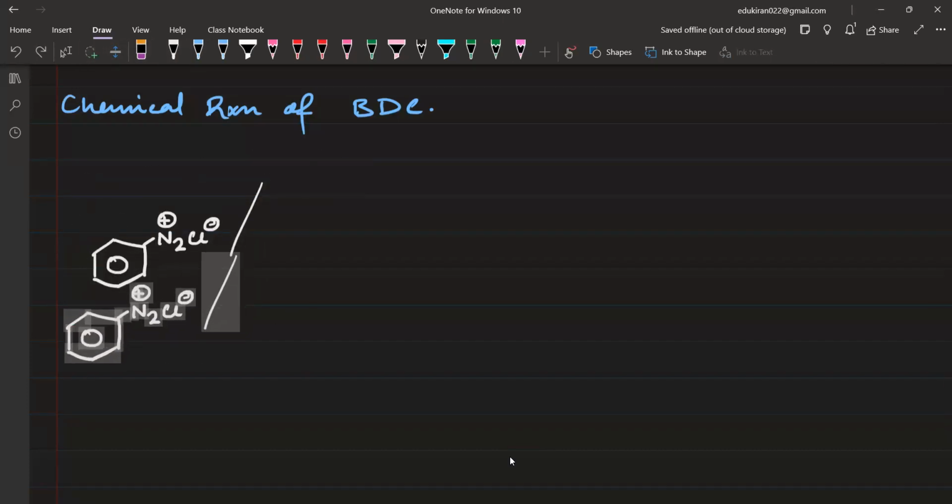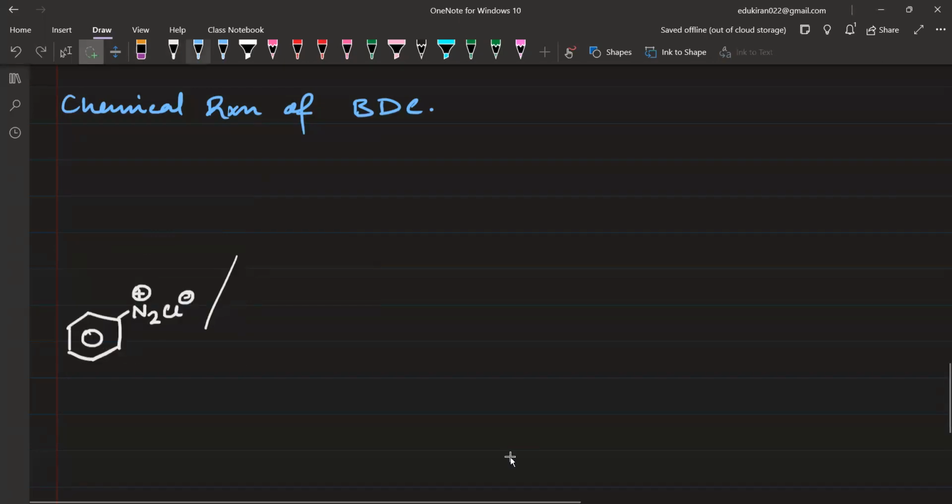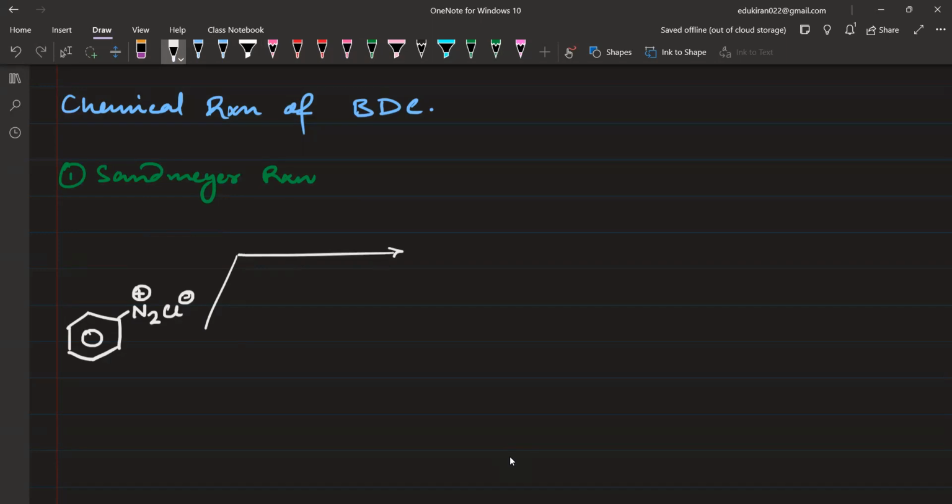राइट, तो पहला रिएक्शन है ना, it is known as Sandmeyer reaction. The first reaction that it is going to show, it is known as Sandmeyer reaction. We have seen this reaction in haloalkane haloarenes also. So benzene diazonium chloride, it reacts with, क्या क्या से react कर सकता है?